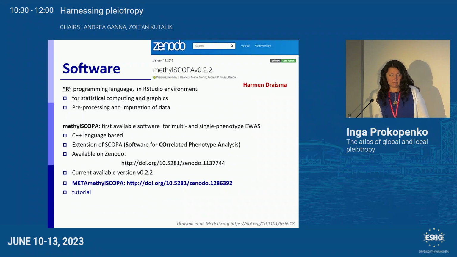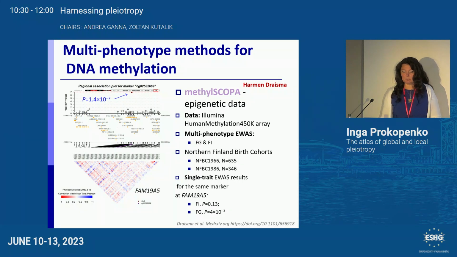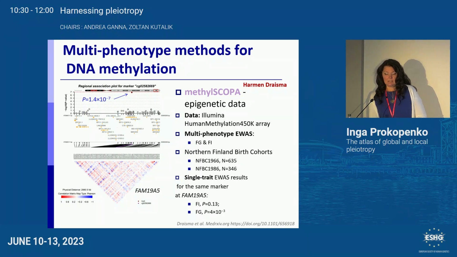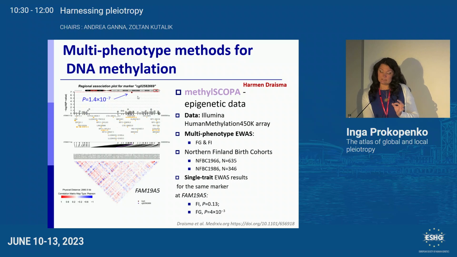So we implemented a similar tool in Methylscopa, and just to show you an example, when we analyzed the same data sets, the Northern Finland Birth Cohorts, as in previous examples, we saw an association at EWAS significance level at a locus when we analyzed fasting glucose and fasting insulin.